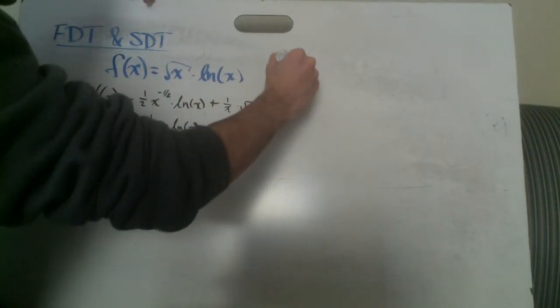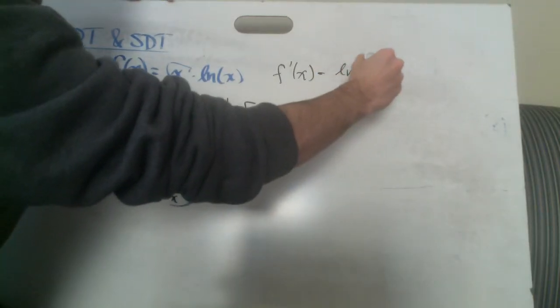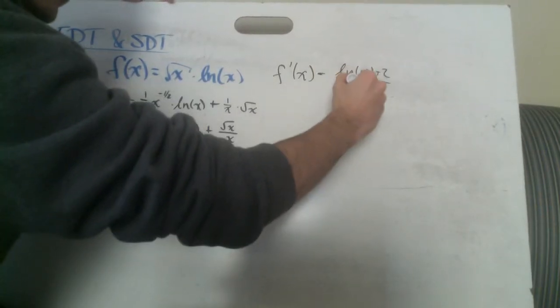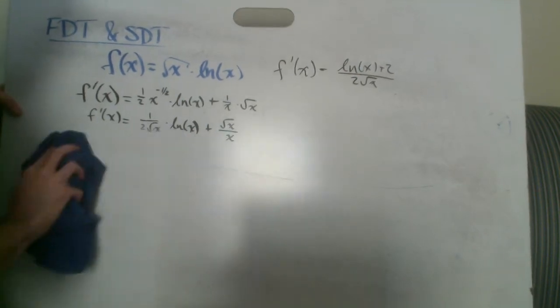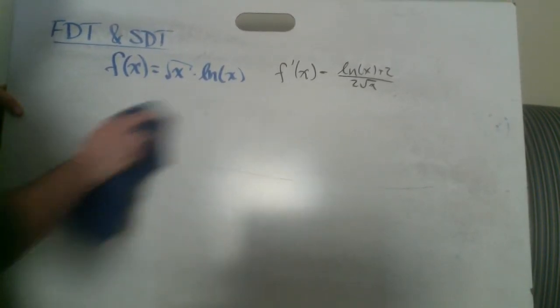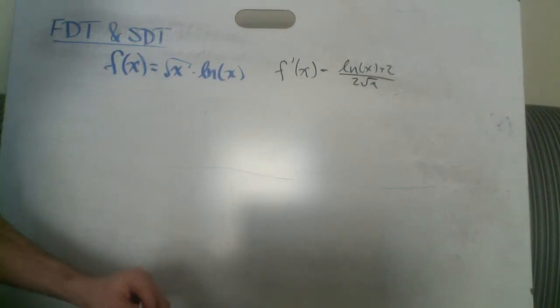F prime was equal to natural log x plus 2 over 2 square root x. Great. Because remember, I still need to find out concavity, and I want to apply the second derivative test and confirm that I was correct in saying at e to the negative second power, this is a local minimum. Great. So, time to find f double prime.